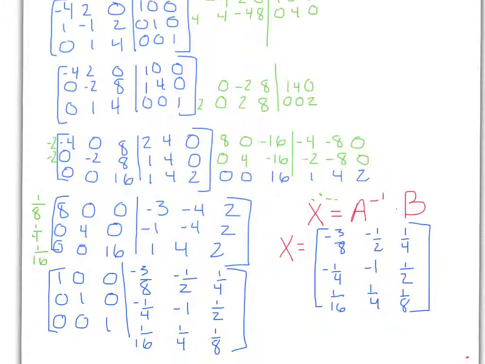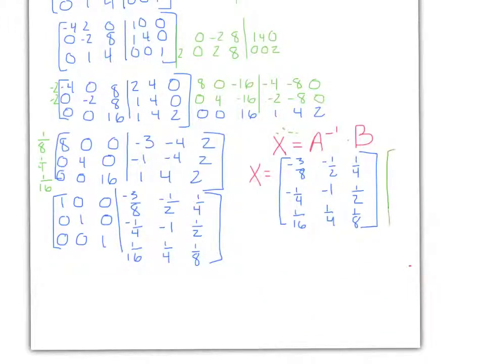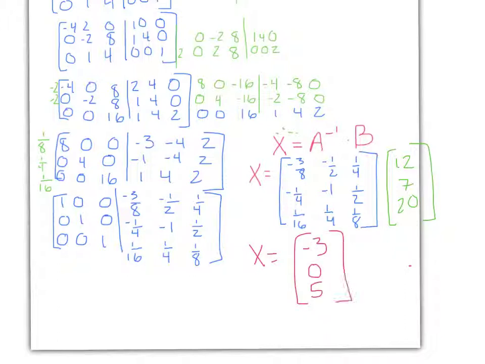And I'm going to multiply that by matrix B from the top, which was 12, 7, and 20. And when I multiply those, I get my final answer, -3, 0, and 5.